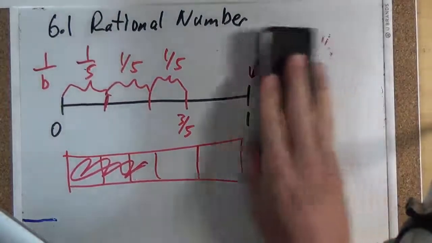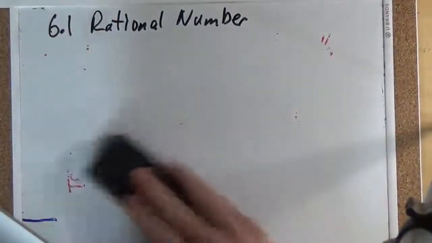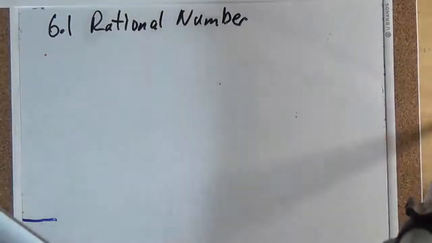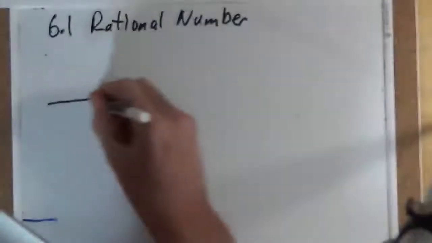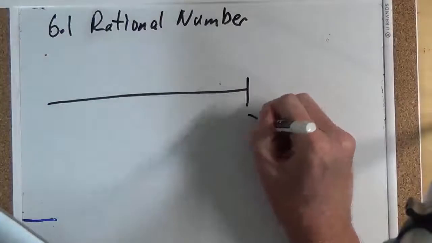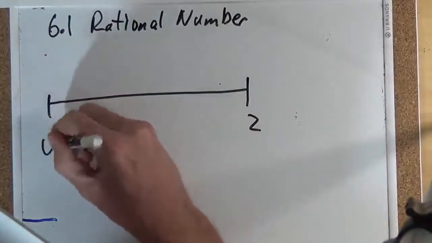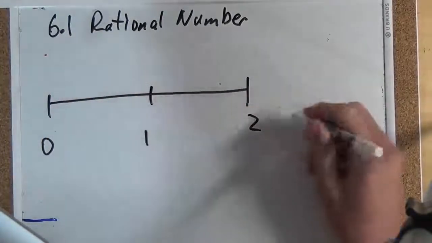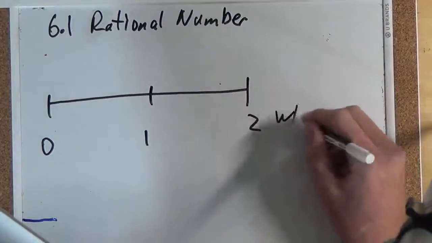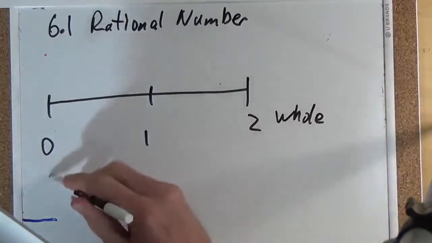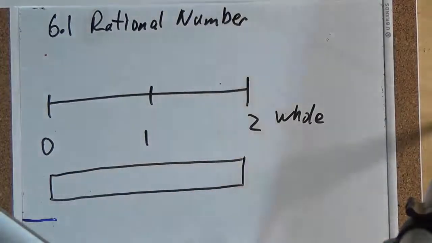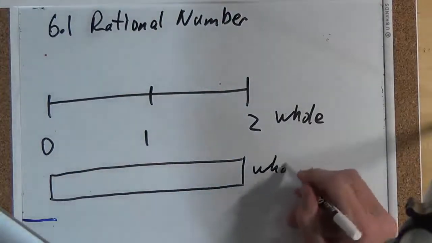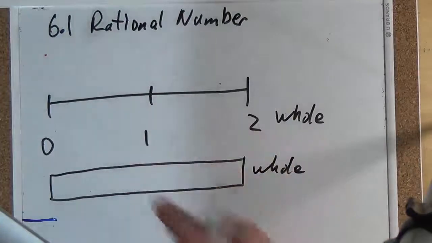Now, what do I mean about the whole shifting on us? This is when fractions get confusing. Because suppose now I go out to 2, and this is now my new whole. I can think of this being like a candy bar or a rectangle, but that's my whole. Notice now it's longer than it was before.